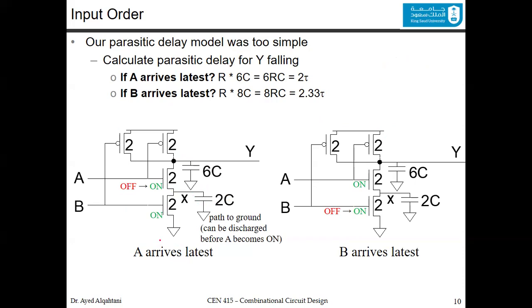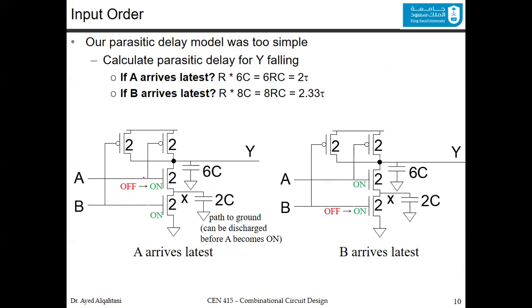Now suppose that you are swinging both A and B to on. B will be on way before A, so A will be the latest event. It was off and now it's switched to on.